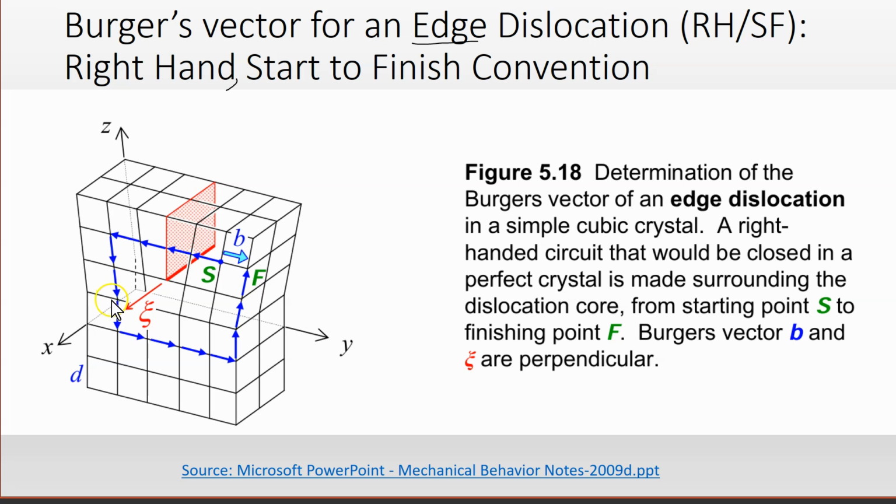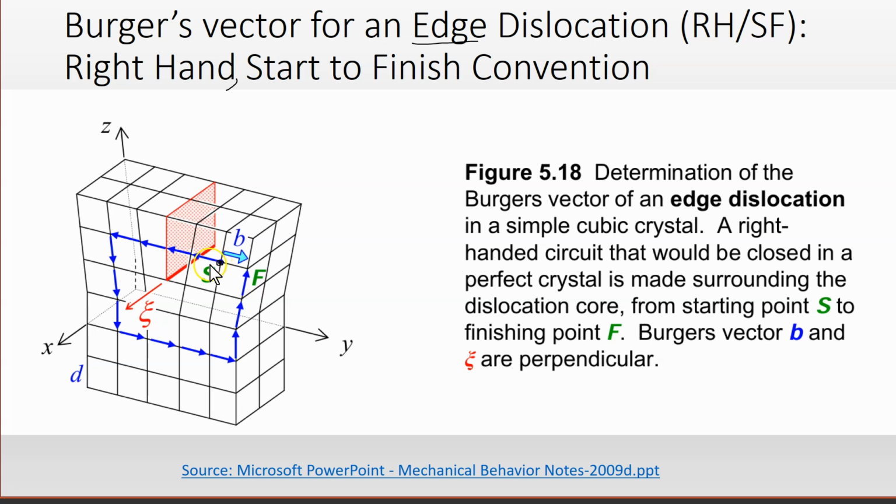What the Burger's vector does is it gives an idea of the distortion introduced by the dislocation. So we establish a start at one of the lattice points here, and then we're going to traverse a path that should be closed on a perfect crystal.